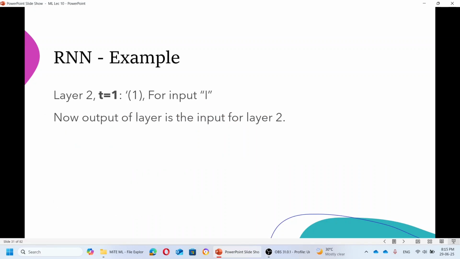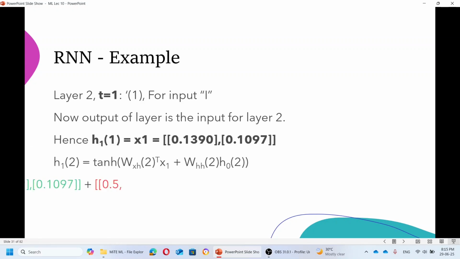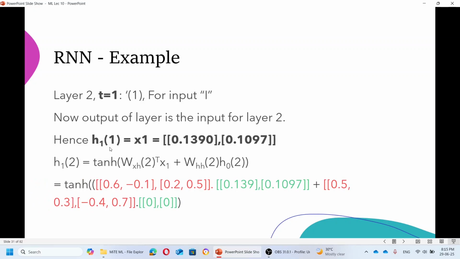Now this output will be passed on to the next layer, the second hidden layer. As I told you before, the input of the second hidden layer will actually be the output of the first hidden layer. So as you can see over here, I have assumed that x1 is 0.1390 and 0.1097, because this is the output of our first hidden layer, which becomes the input of the second hidden layer.